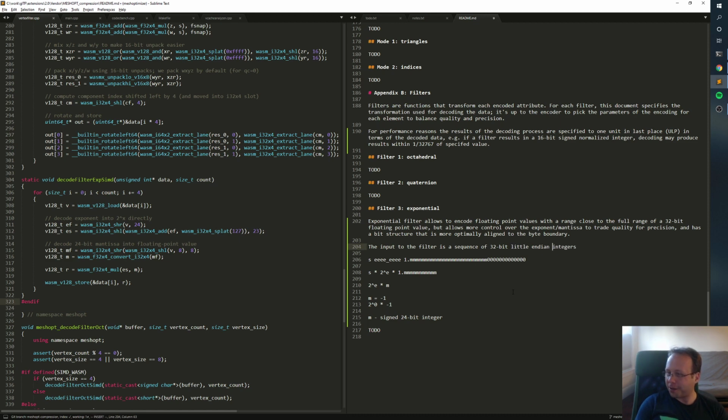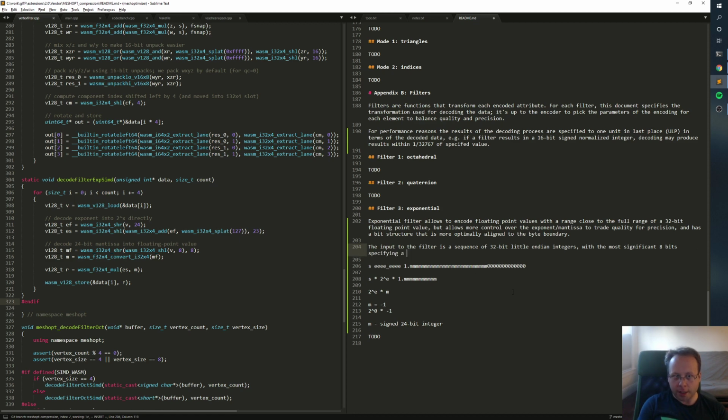32-bit little endian integers, I guess, with the top 8, most significant 8 bits, specifying a signed exponent value, and the remaining 24 bits specifying a signed mantissa value.